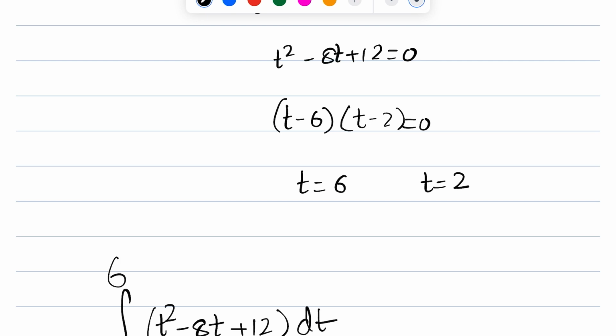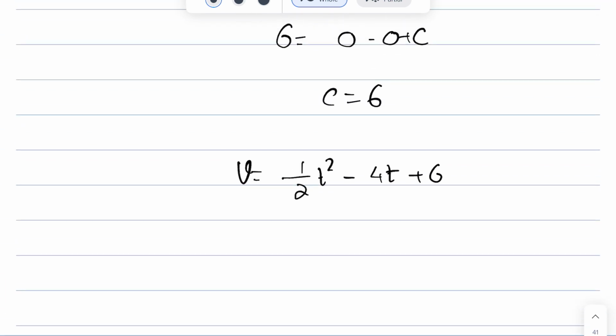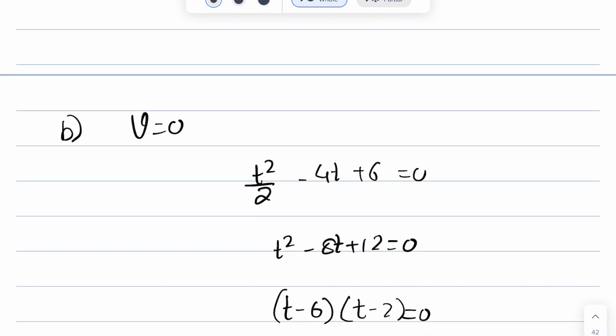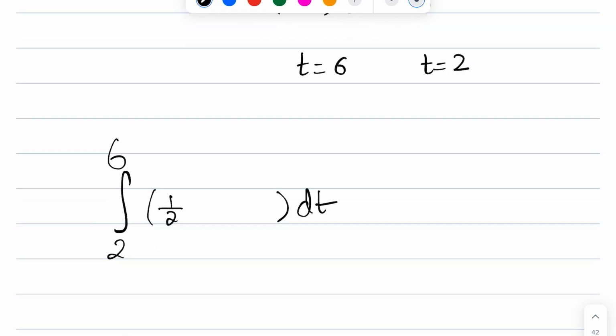Or else we can take the original equation also. What was the original equation for the velocity? 1 upon 2 t squared minus 4t plus 6. Either of these can be taken. We will get the same answer, but we will take the original equation.